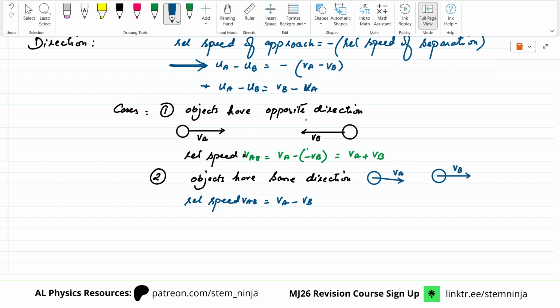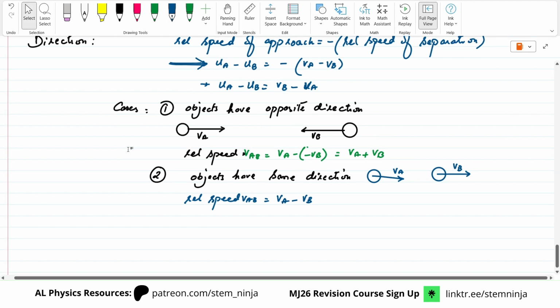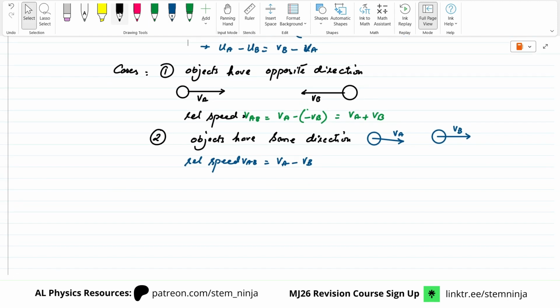Right. Okay. Now, a common scenario that you might see is after collision, two bodies stick to each other.